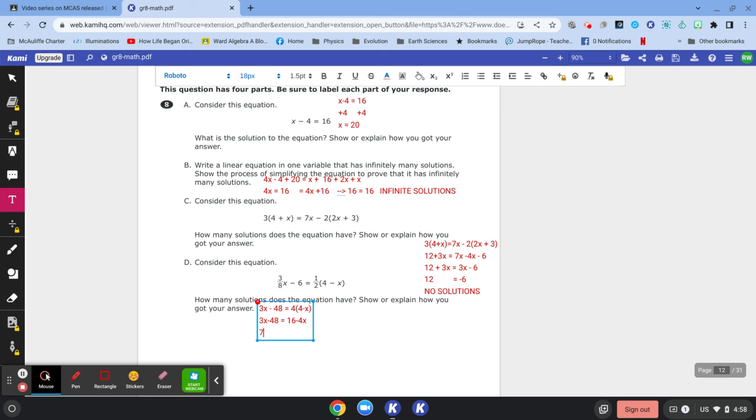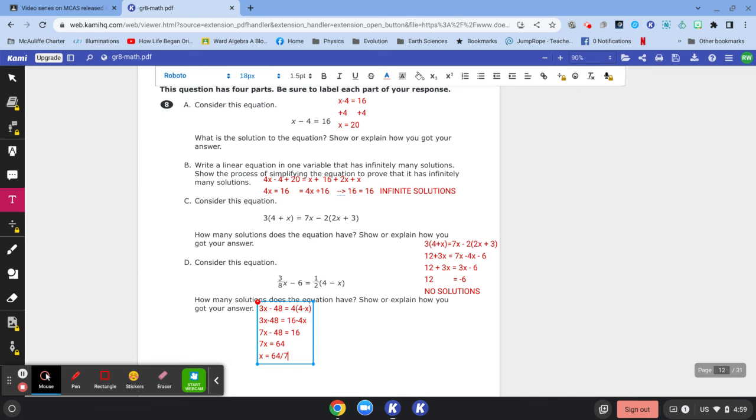And that'll get me 7x minus 48 equals 16. I will add 48 to both sides. So 7x will now equal 48 plus 16, which is 64. And x will equal 64 over 7.